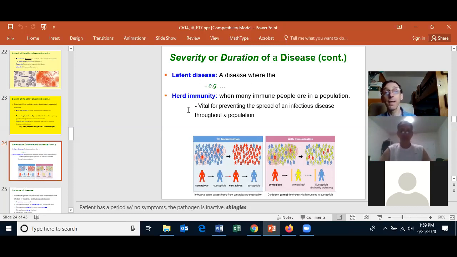Herd immunity is when many immune people are in a population, and then that protects the rest of the population from coming down with disease.